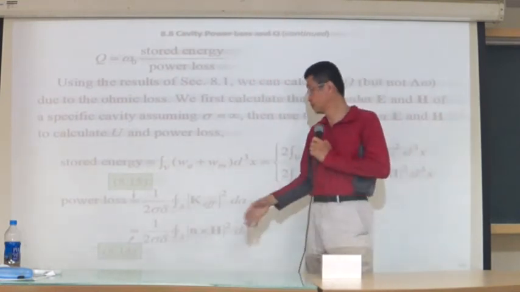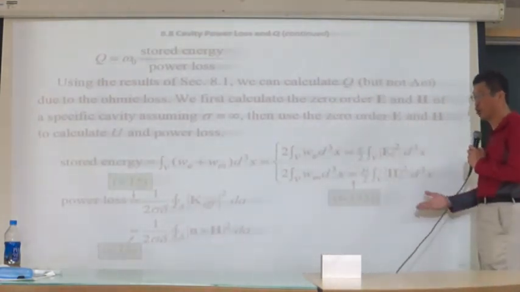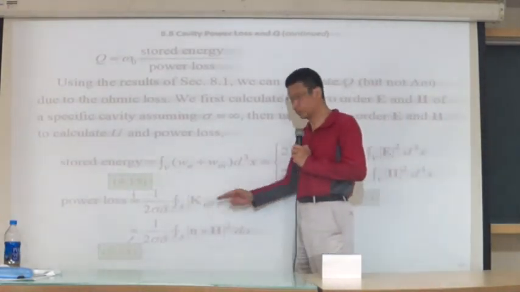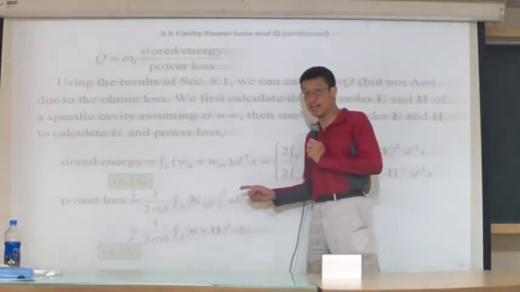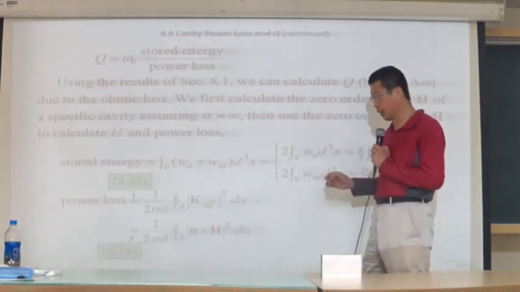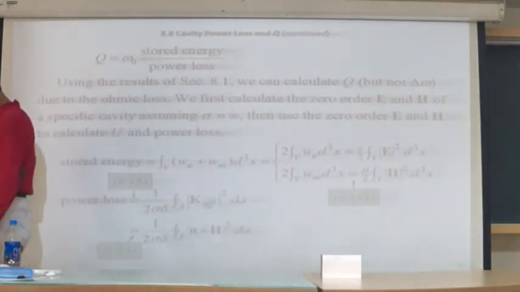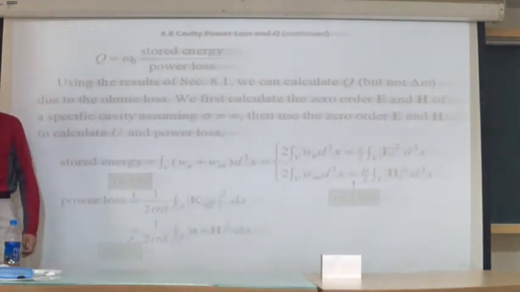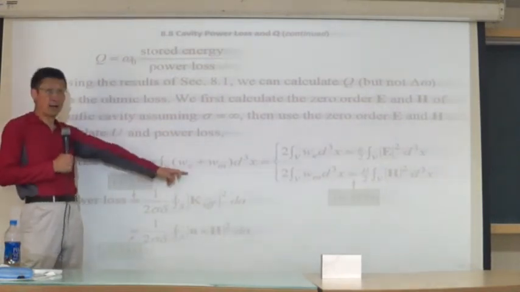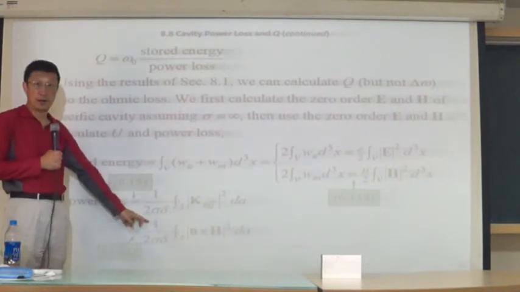So the H field is related to surface current: K effective equals n cross H. You can keep this in mind because it will be very useful. So we can calculate stored energy using this one, and we can calculate power loss using this one.